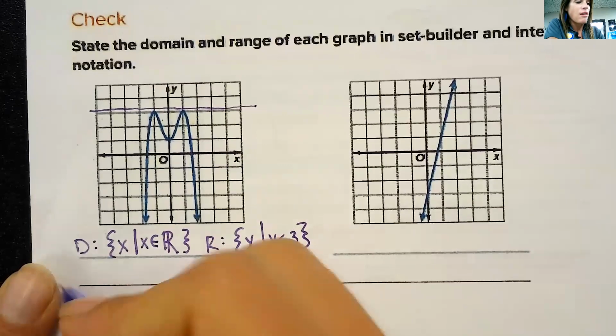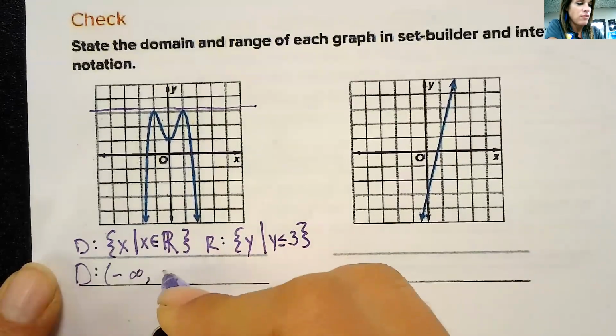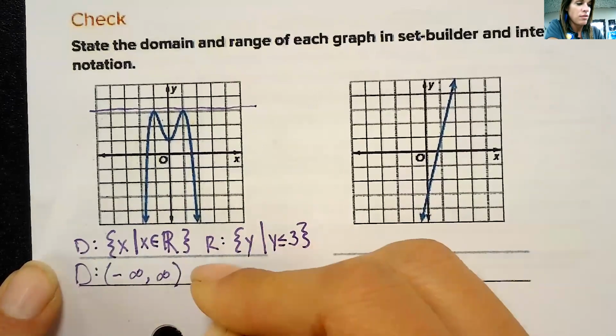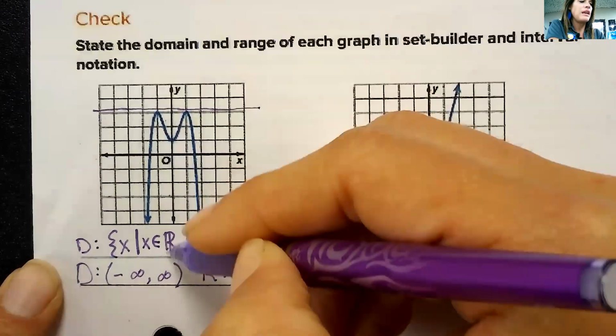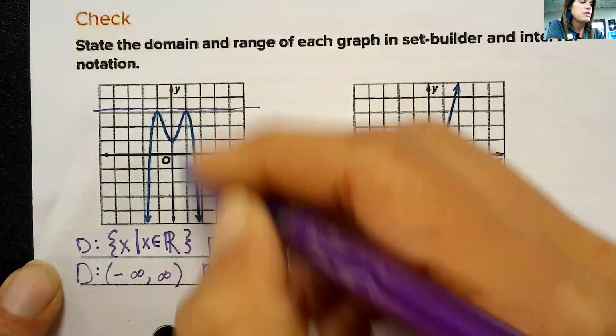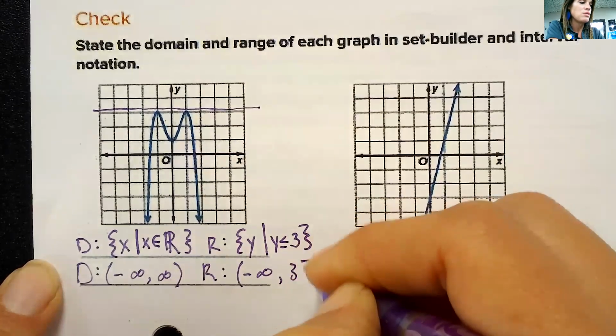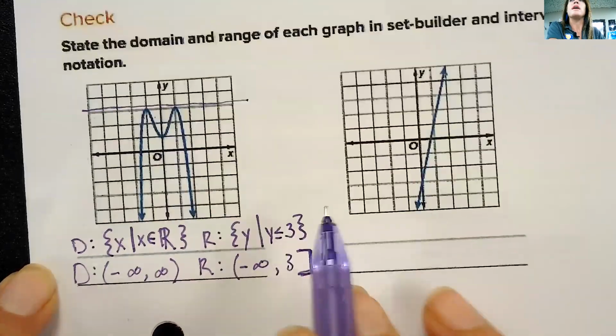Okay, so when I write that with interval notation, the domain is -infinity to infinity. The range is going to go from -infinity up to 3, and it includes 3, so it gets a closed bracket on it, right?